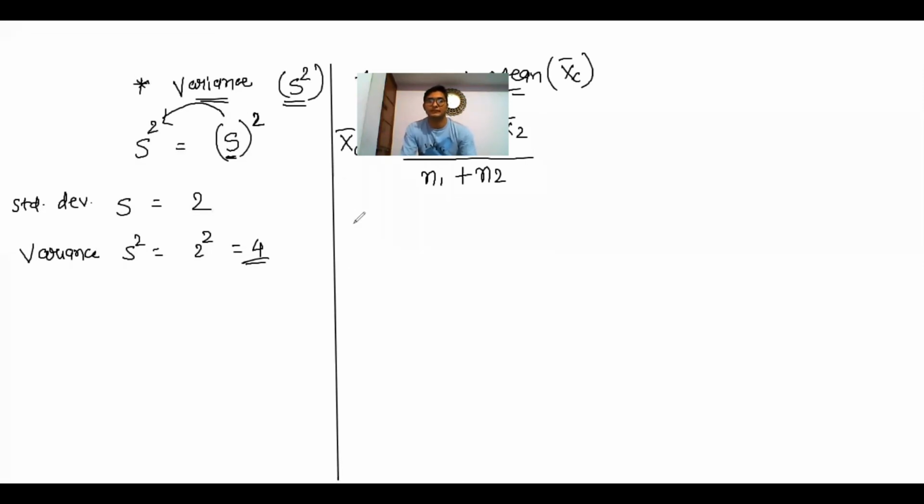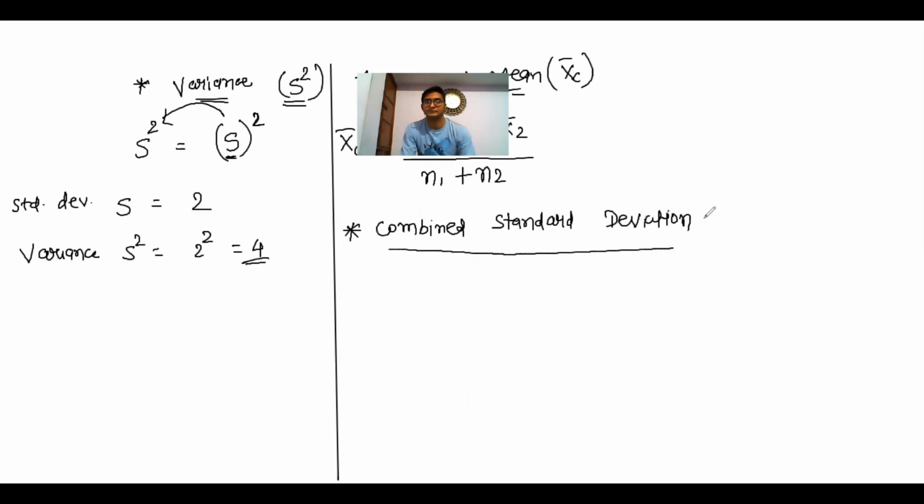Our third topic is combined standard deviation. Here, combined standard deviation is denoted by Sc, where c stands for combined.